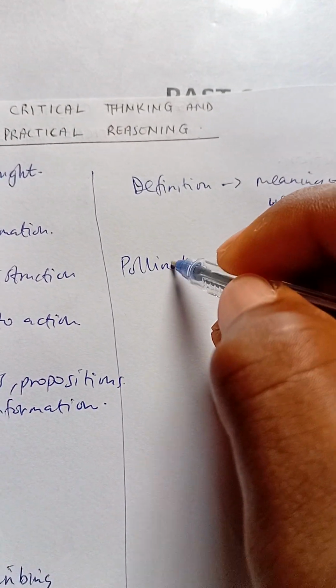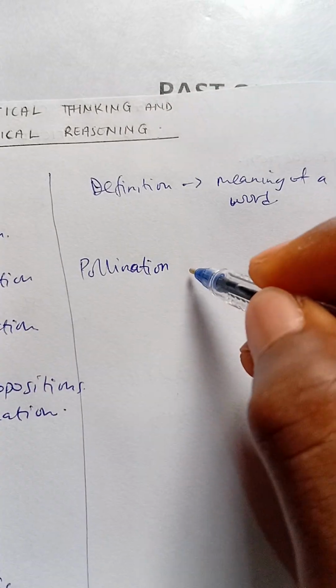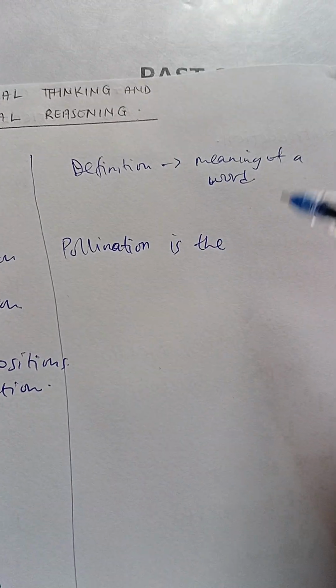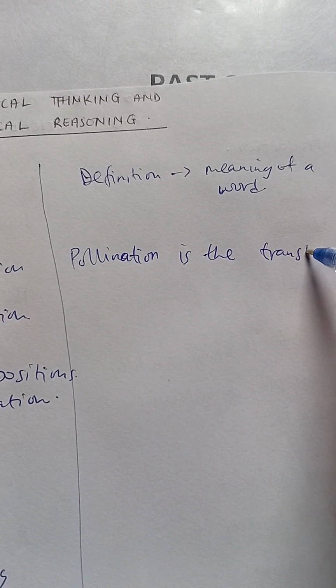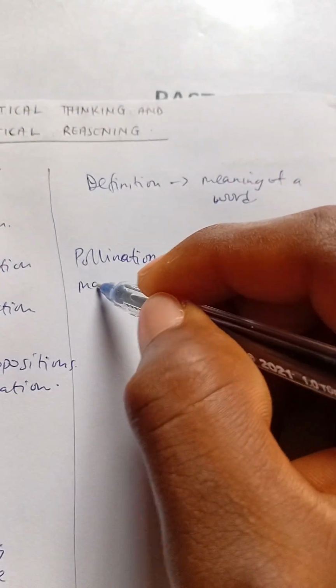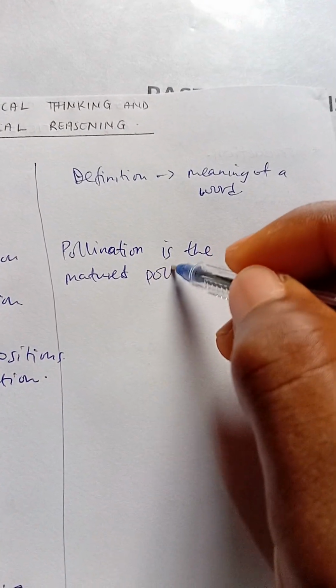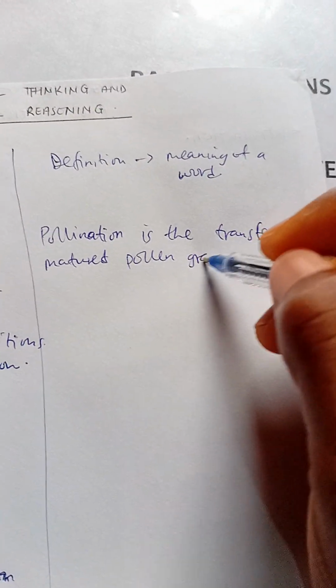If my mind sets me right, from primary 6, I was taught that pollination is a transfer of matured pollen grains. Yeah, it was pollen grains.